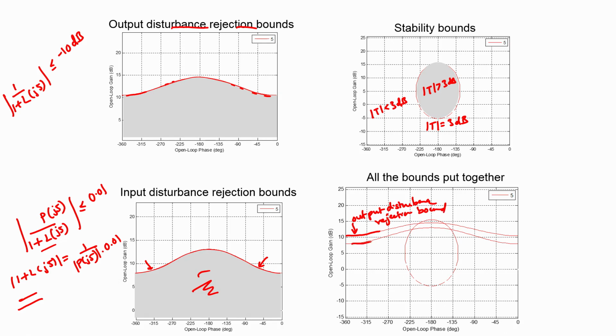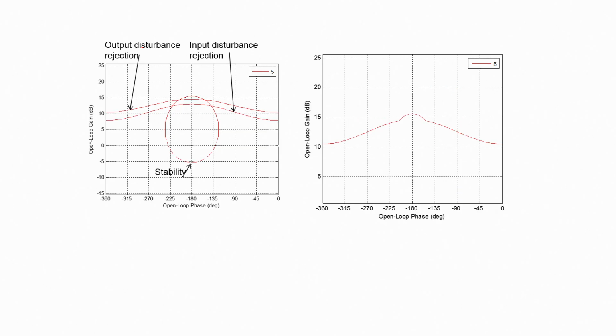The second curve here represents the input disturbance rejection bound, and the closed circular curve here represents the stability bound. Now, the same has also been plotted in the graph on the left. The output disturbance rejection bound, the input disturbance rejection bound, and the stability bound have all been indicated.